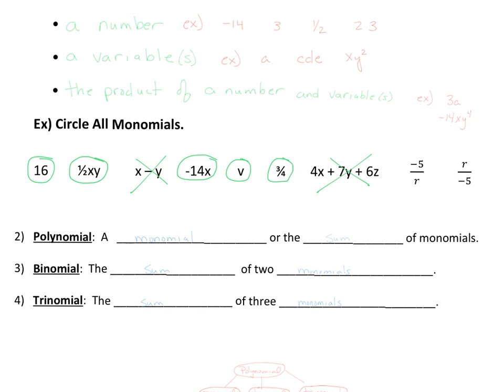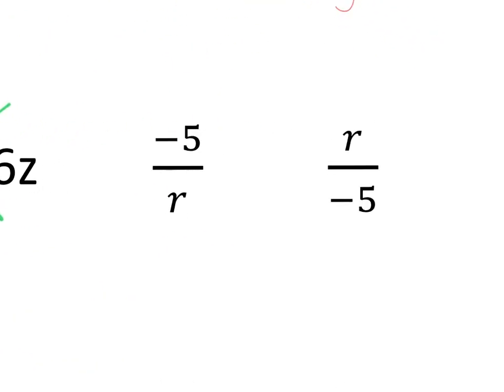This long one, 4x plus 7y plus 6z, will not work because there's a whole lot of addition and subtraction in that. Then we come to what I consider the trickier part, these two. One of these works and one does not. If I zoom in, this one is saying -5 divided by r, versus this one that's saying r divided by -5.